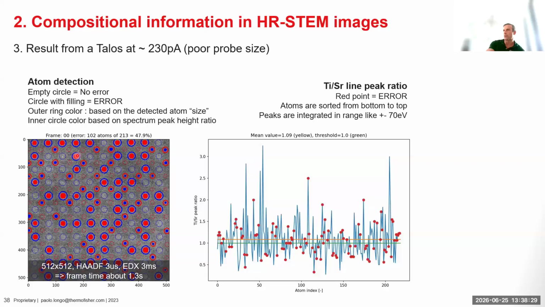Now, how this works. This was done again on a Talos, which is a non-aberration corrected microscope. Normally, this is actually the very first frame. In the very first frame, you identify all these columns, you do the EDS at different columns, and then you can do the titanium strontium peak ratio.